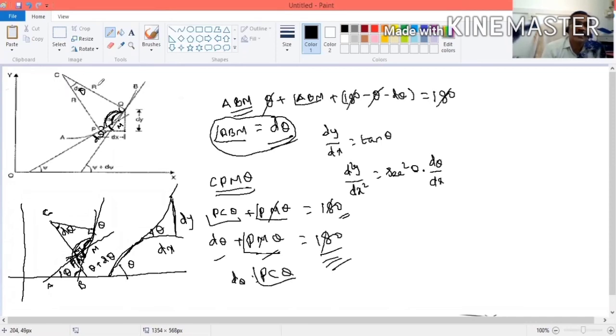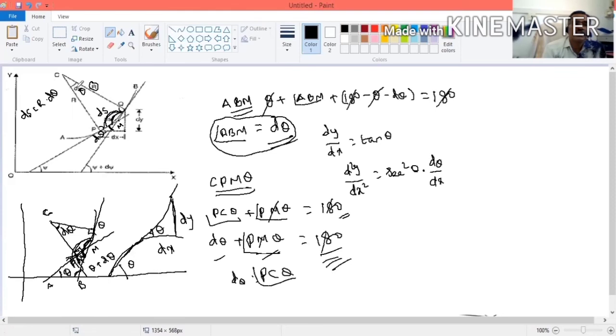So now I am coming to this graph. I am taking this radius as r, and this is d theta. Then I am taking the arc distance, the arc distance is ds. So how to find the distance ds? ds is equal to r into d theta.